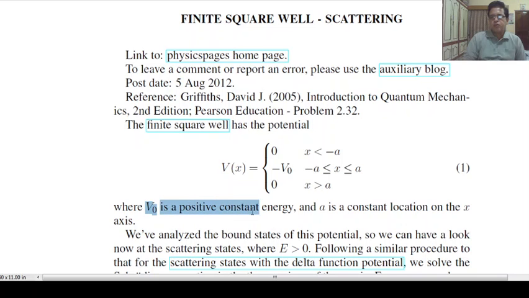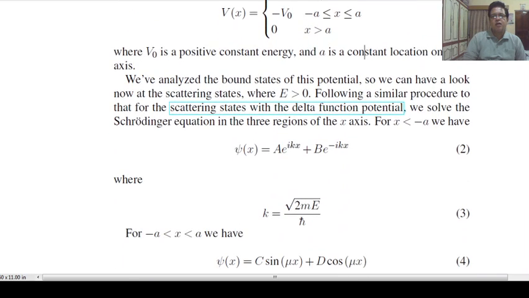The negative sign means that the potential is directed downward. A is a constant, the width of the potential, and we are taking the potential on the x-axis.